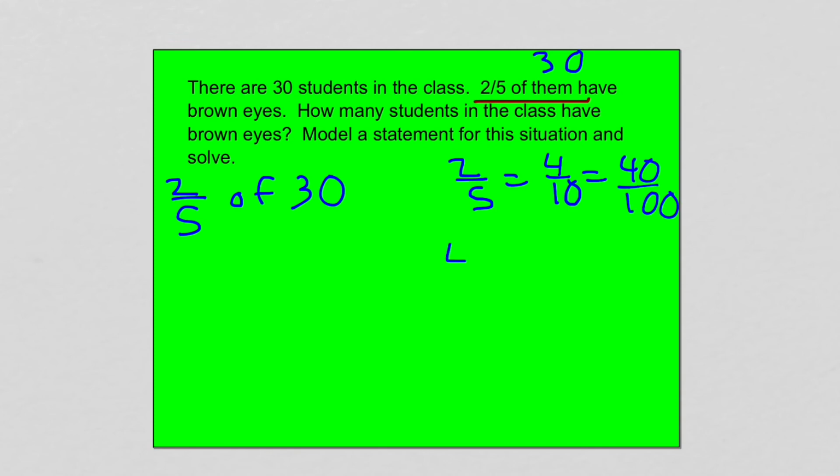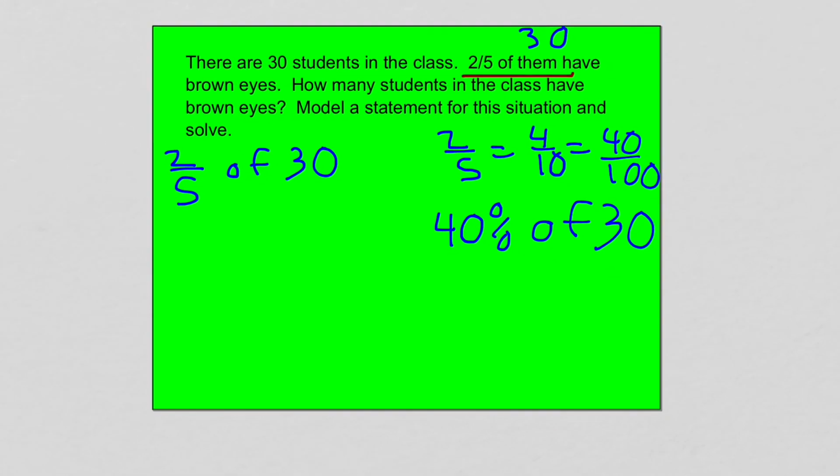And that means 40% of 30. And we know from last unit that that means 0.4 times 30. And when we work that out, we get an answer of 12 students.